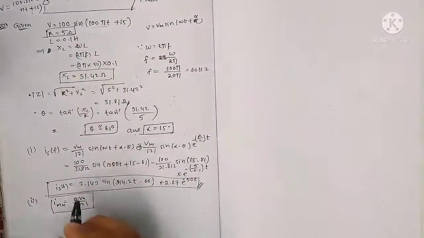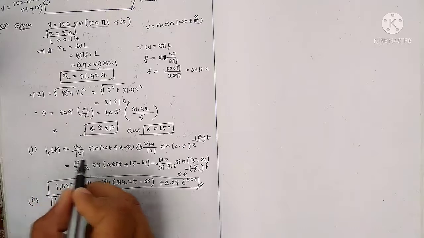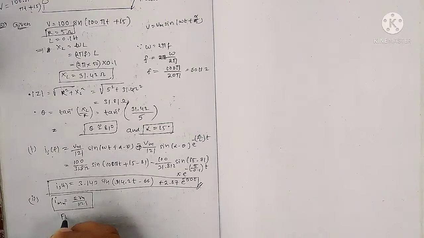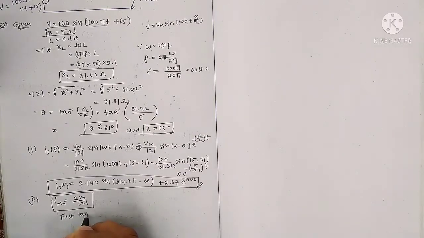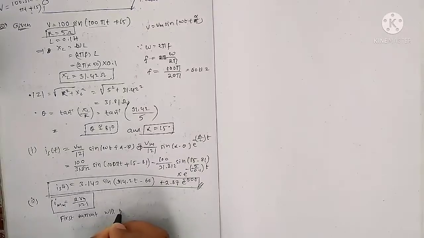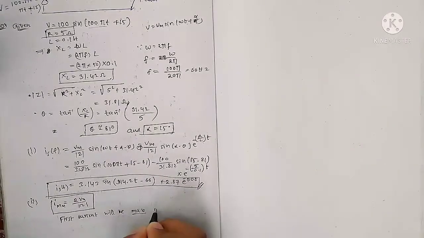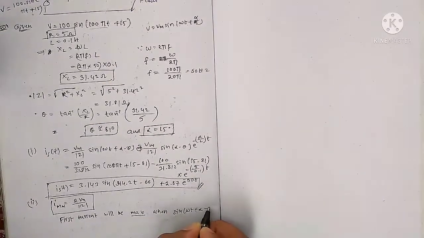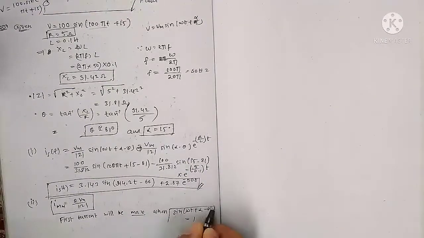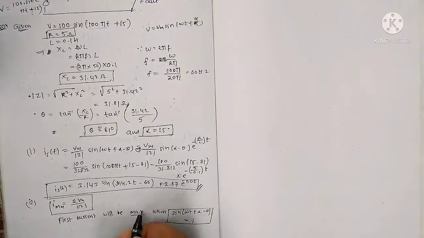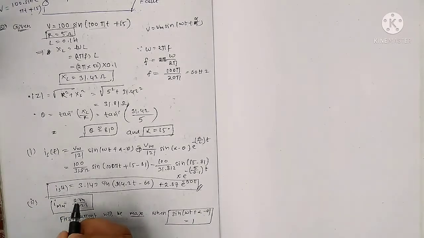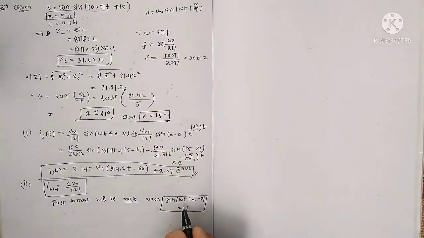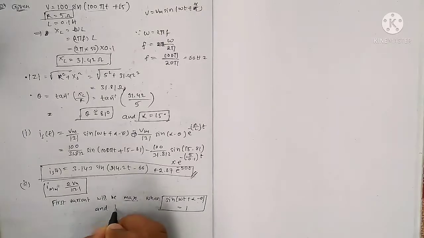For the first current maximum, the short circuit current i of t will be maximum when sine(omega t plus alpha minus theta) has to be equal to 1. If they ask generally for maximum momentary current, you can write this equation and substitute directly, with t equal to 0.